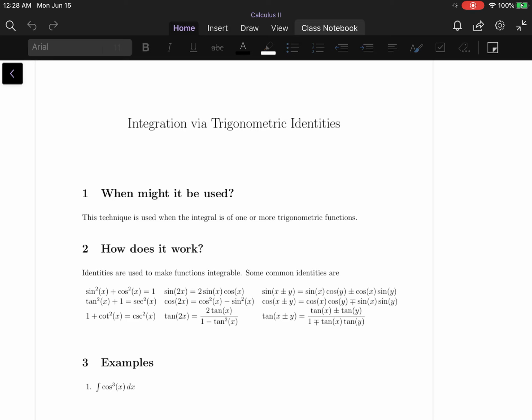And as you saw with the first problem, it's often advantageous to have two trig functions. One of the trig functions, hopefully its derivative is going to give you the other trig function. So getting rid of the cosine and putting it in terms of a sine isn't going to help us.